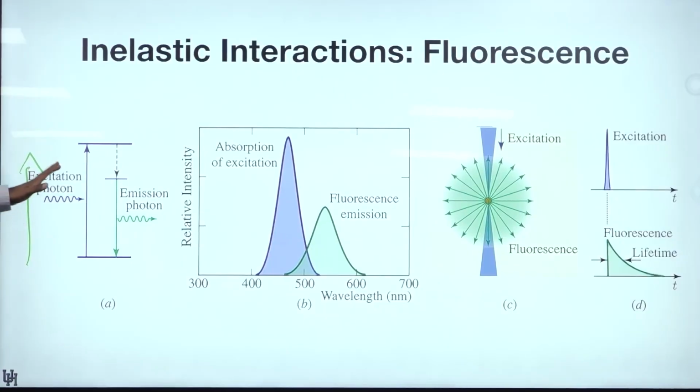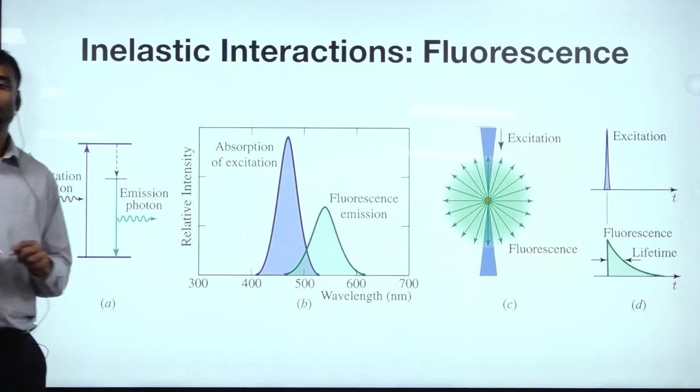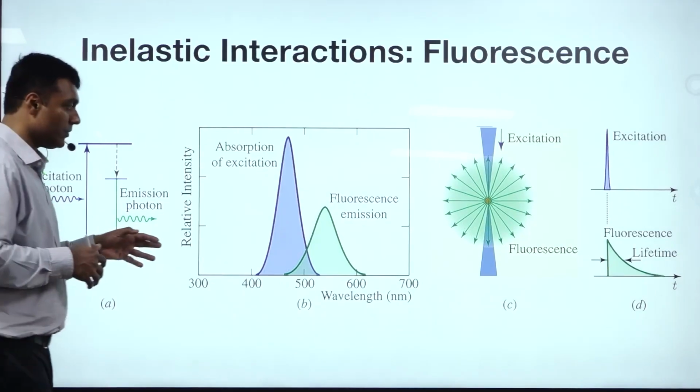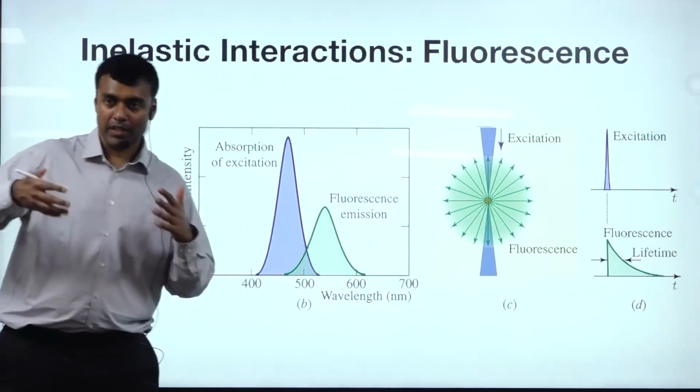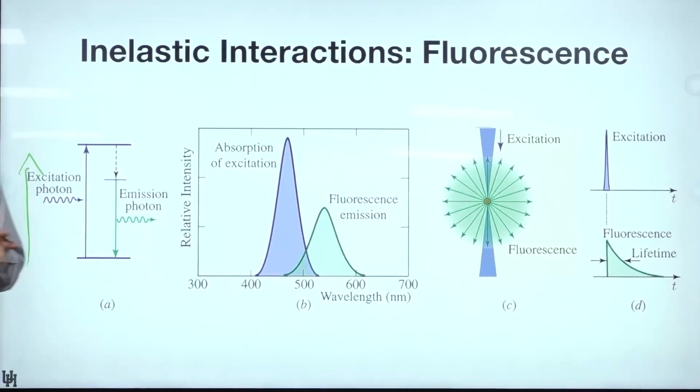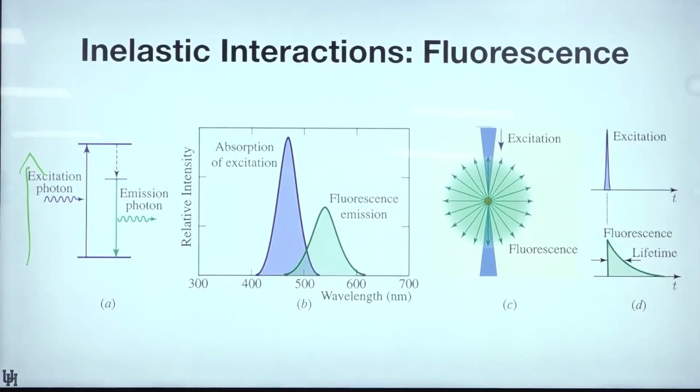So basically, this is the process of fluorescence, and different kinds of molecules inside the body have different fluorescence properties. So you can use that for making measurements. Not only that, fluorescence happens to be a very efficient process. Typically for scattering, if say a million photons fall, maybe 10 or 20 could get scattered.